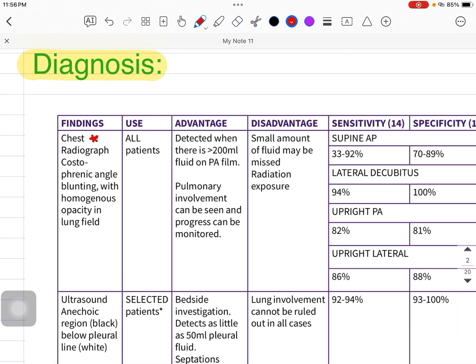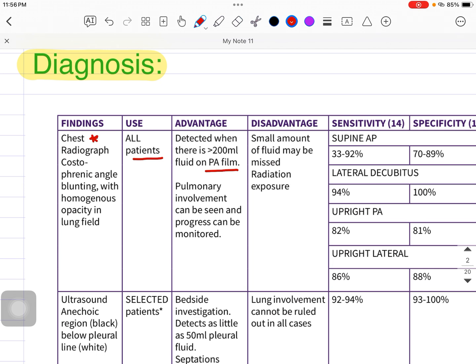So in the chest radiograph, what can we expect? In all such patients, we should be doing the chest X-ray. That is very important. Now what is the advantage? If the pleural fluid is more than 200 ml, then we can easily detect it on the chest X-ray posterior anterior view, the PA film.